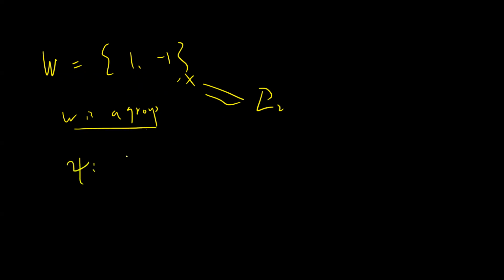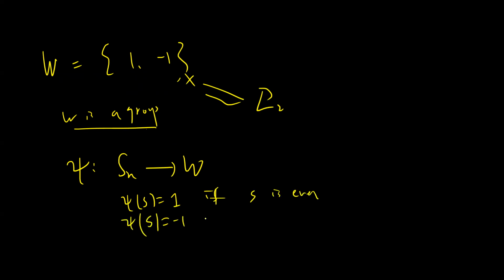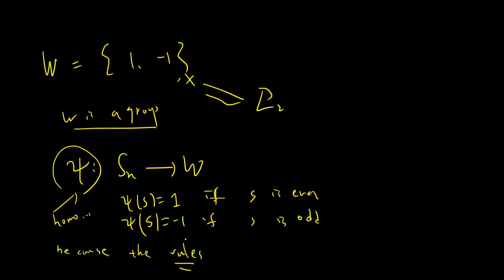And you can define a psi from your Sn to W: psi of S is 1 if S is even, and psi of S is -1 if S is odd. So psi is a homomorphism, because we know the rules: even times even is even, even times odd is odd. So basically it's a homomorphism.